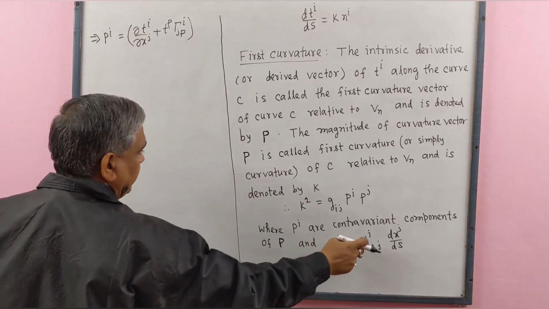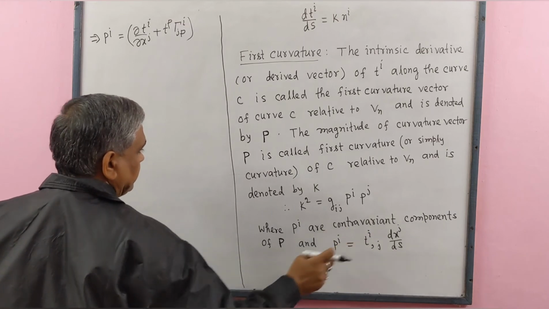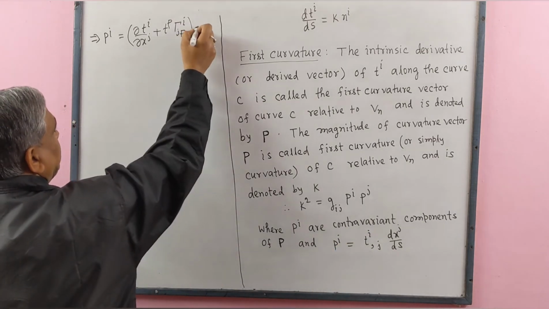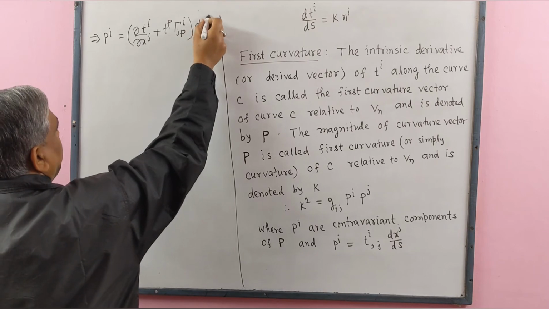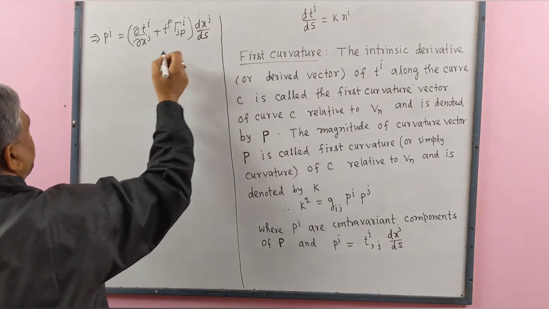This is the covariant derivative of Ti with respect to Xj. Now outside we write dxj by ds.